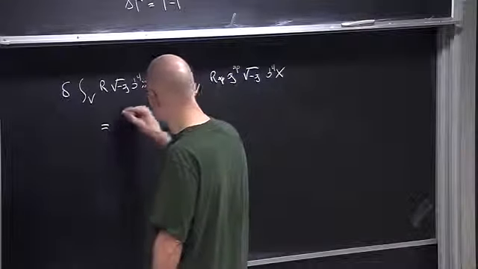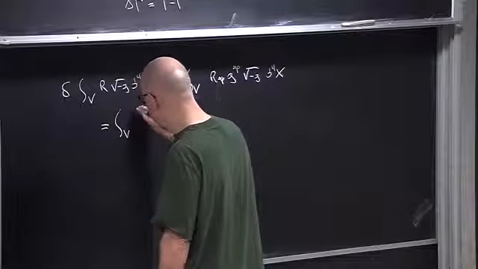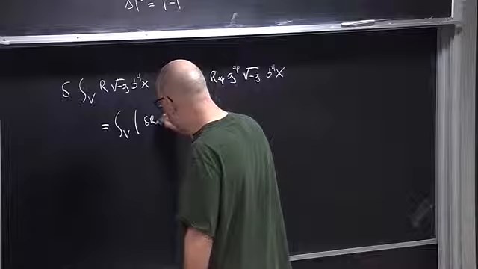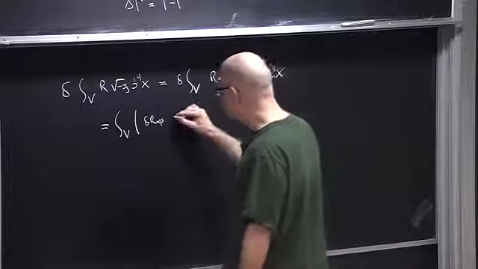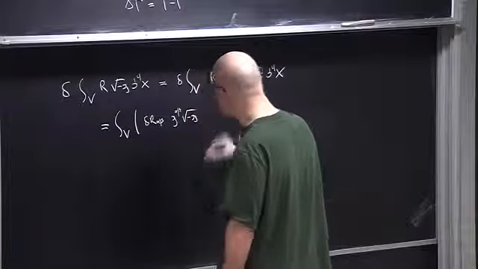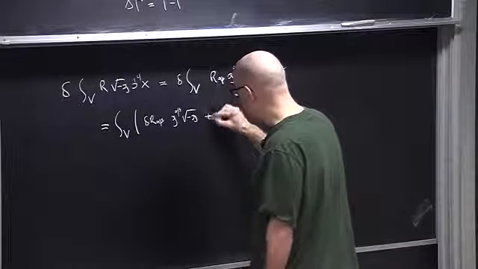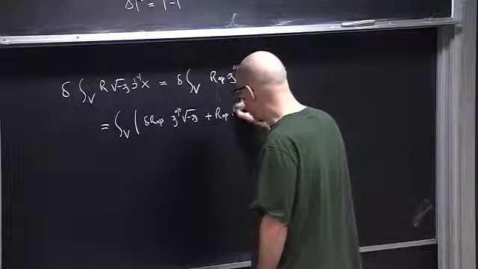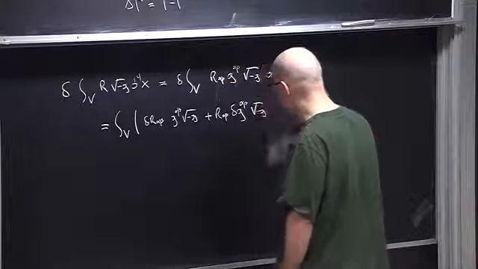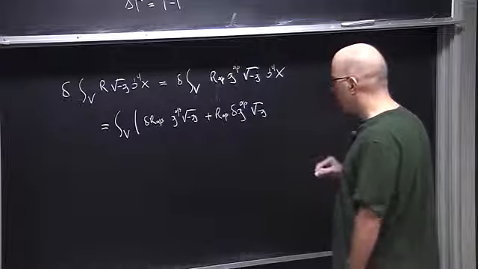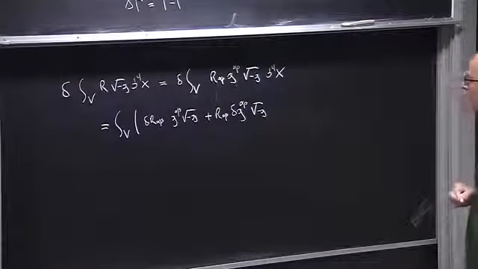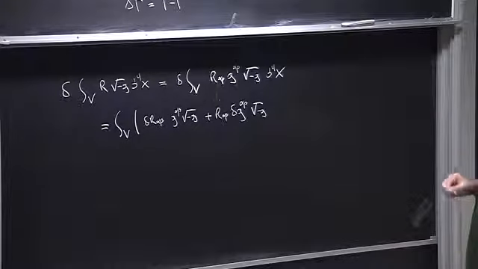So let's just do it all. So we have an integration over V. The first thing we have is the variation of the Ricci tensor all by itself. Then we leave the Ricci tensor alone, and we have the variation of the metric. And then we have the variation of the square root of G, and I'll just write it out for what it is.